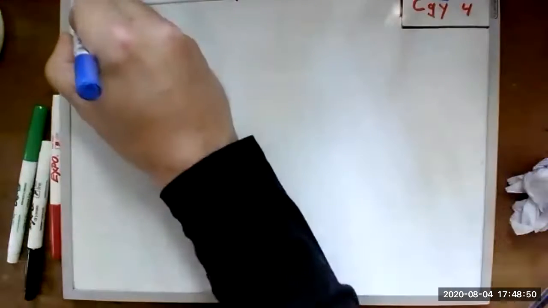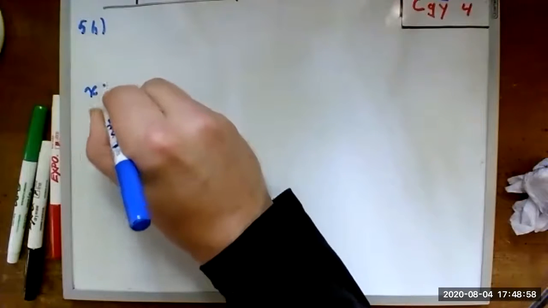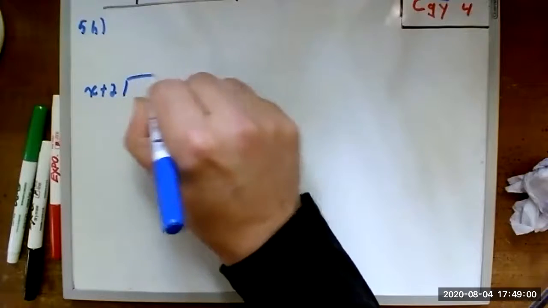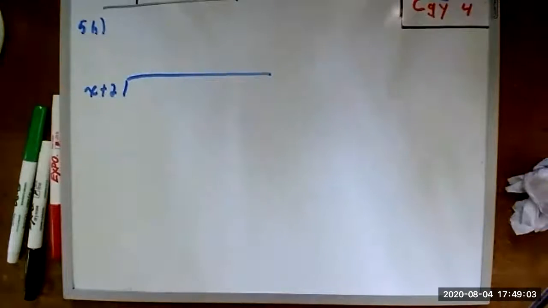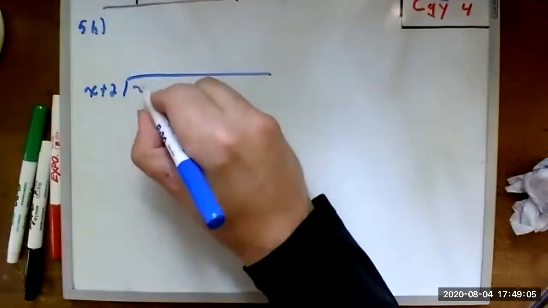Oh, these are the long division ones. Okay, so we need a little bit of space. I'm going to start off by writing it out in the form that it needs to be.